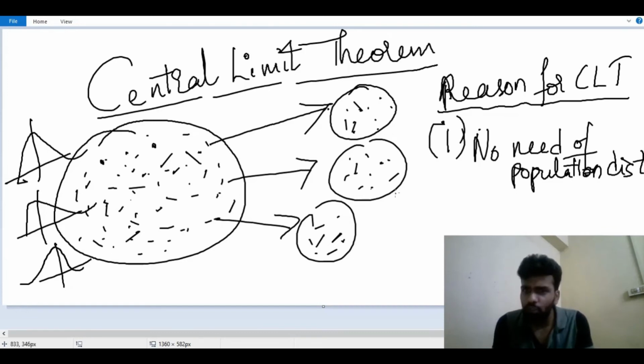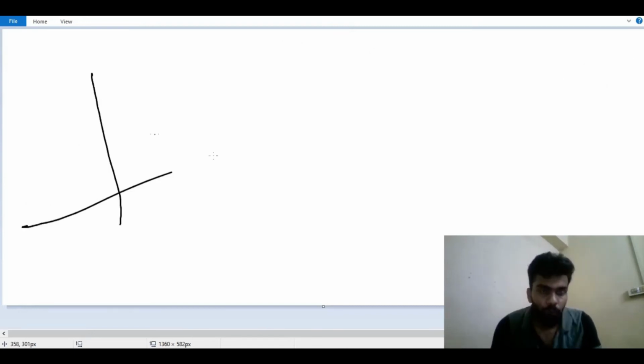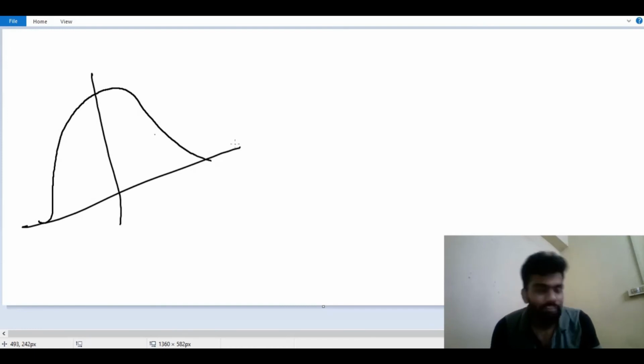And why do we want to use it? For example, let's say you have the data and you perform the central limit theorem, and you find that the samples you plotted are normal.